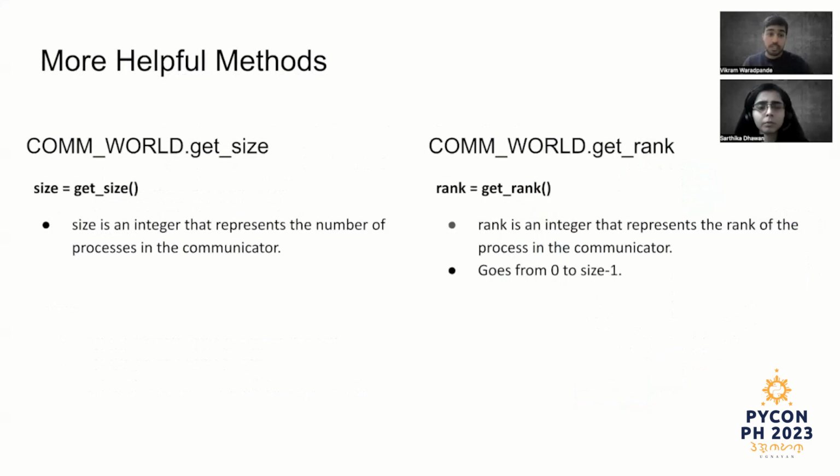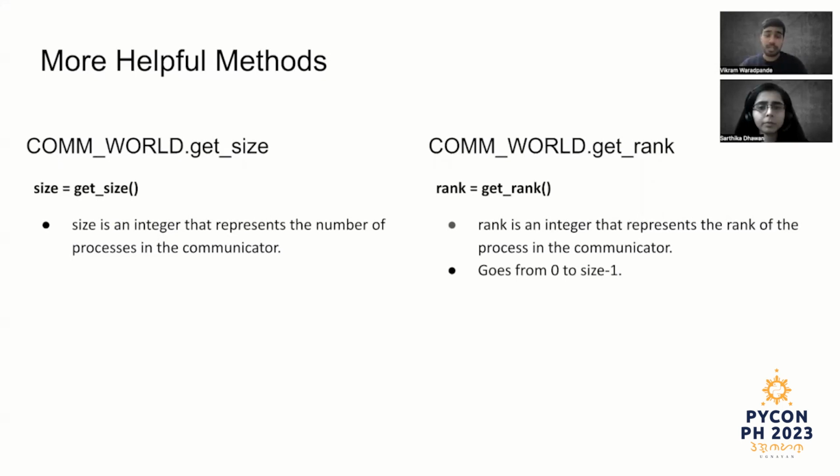Now, there are some helpful methods which almost every MPI program will contain, which are the get size and the get rank methods, which Sarthika briefly mentioned. Get size is basically, in my pool of processes or my group of processes or the collection of nodes, the parameter that I specified during execution, that is the numprox, that gives the size. So basically how many workers are there.